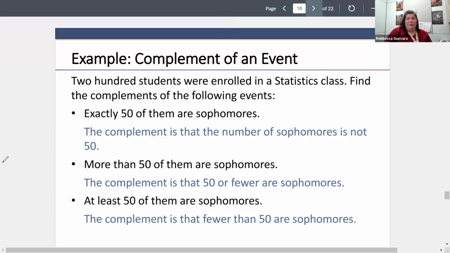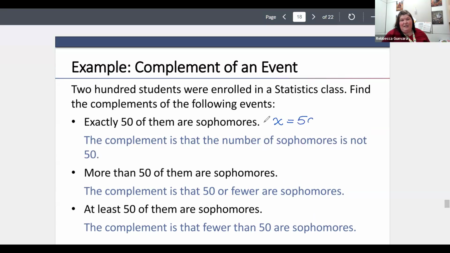Okay, so 200 students were enrolled in a stats class. We want to find the complement of the following events. Exactly 50 of them are sophomores. Exactly means the number of sophomores is 50.